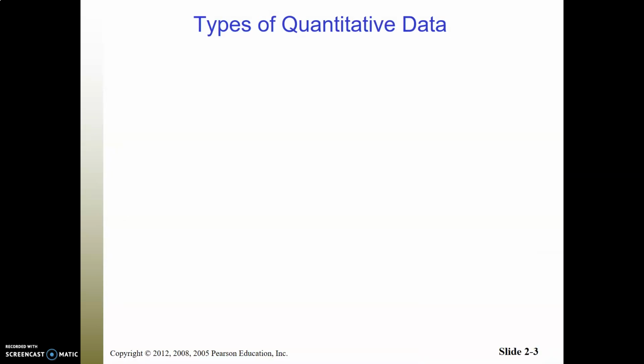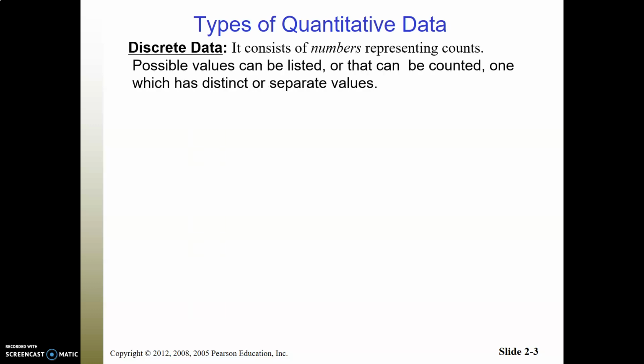Now there are two further types of quantitative data. One is called discrete and the other one is called continuous. Discrete data consists of counts, or possible values that can be listed. In order to understand discrete data, you can think of it like this. If the values of the data come into existence as a process of counting, then such data is called discrete data.